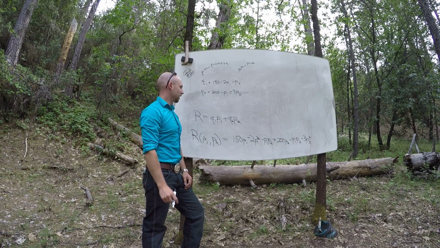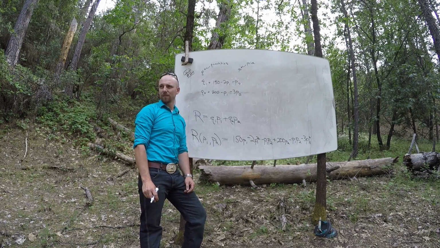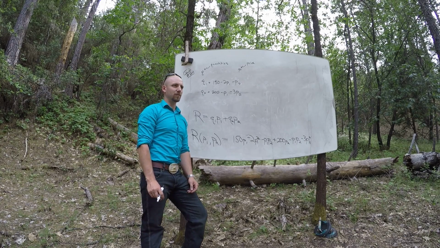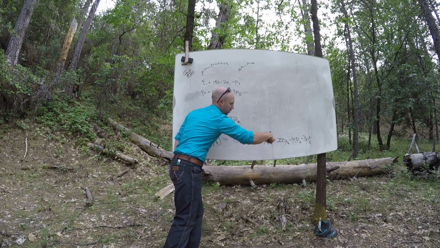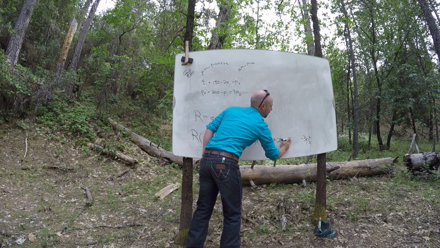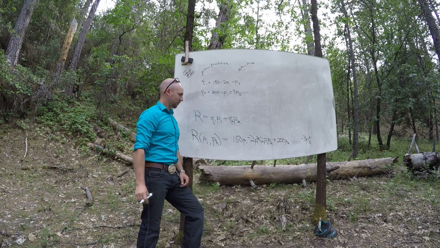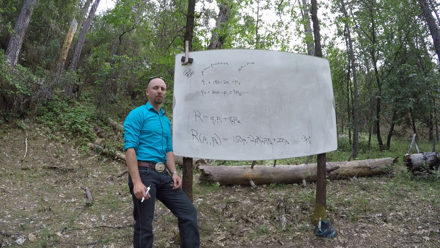And then I can consolidate two things. There's two of those P1 P2 terms, right? So I can do minus 2 P1 P2. Now, I want to maximize, right?